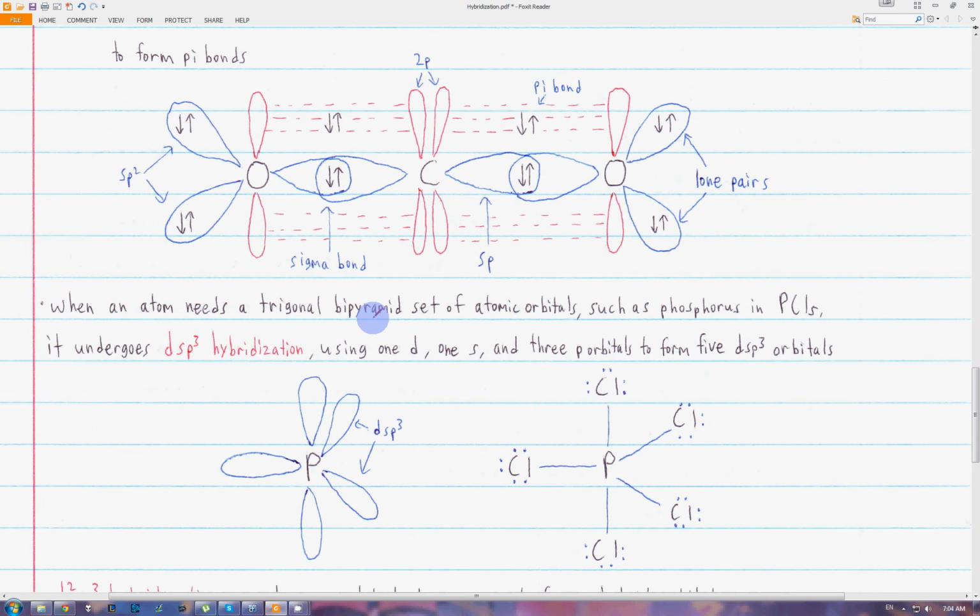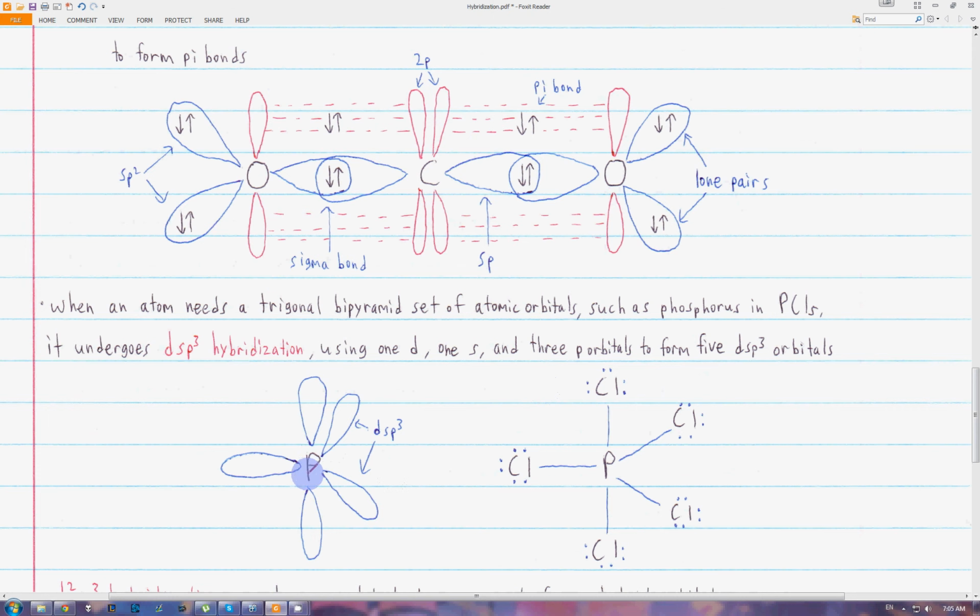So next is the trigonal bipyramid arrangement, which is 5 spaces. And so an example of this is PCl5. The phosphorus has 5 bonding pairs with each chlorine, so it needs to undergo dsp3 hybridization to form 5 identical orbitals.